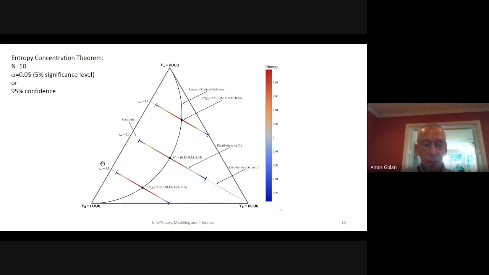So this is the same simplex, and here we look at, as an example, three cases of mean value: 1.5, 2, and 2.5. This is based on the entropy concentration theorem, and this is the heat map that the entropy concentration theorem produces. In this case it is 95 significance, so it puts a 95 confidence interval around the one with maximum entropy.